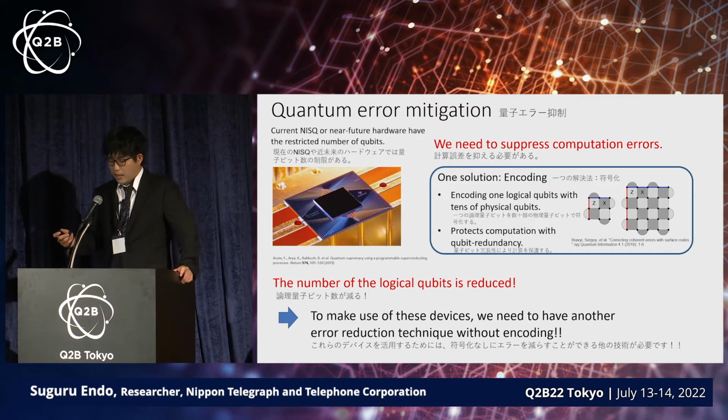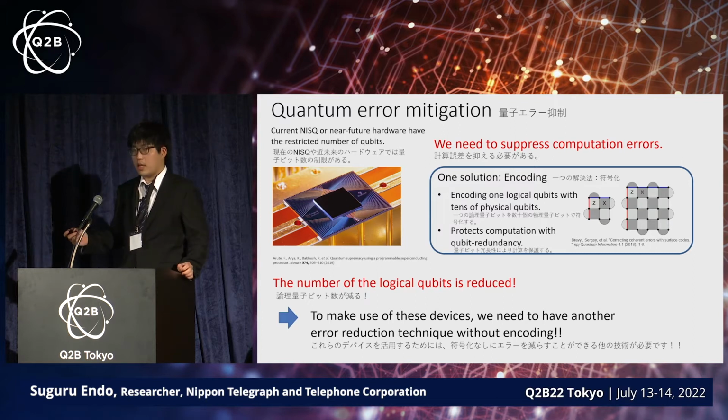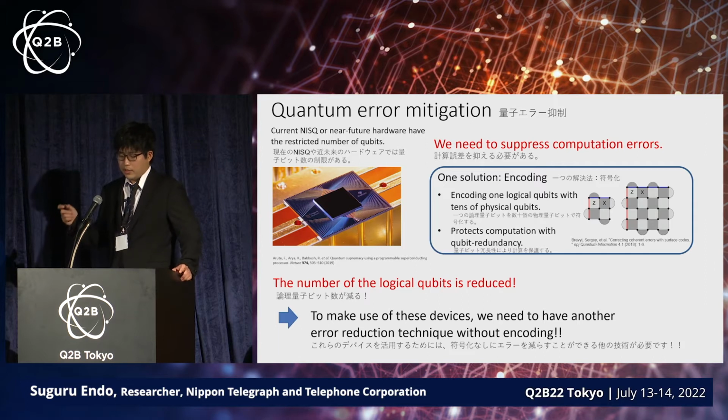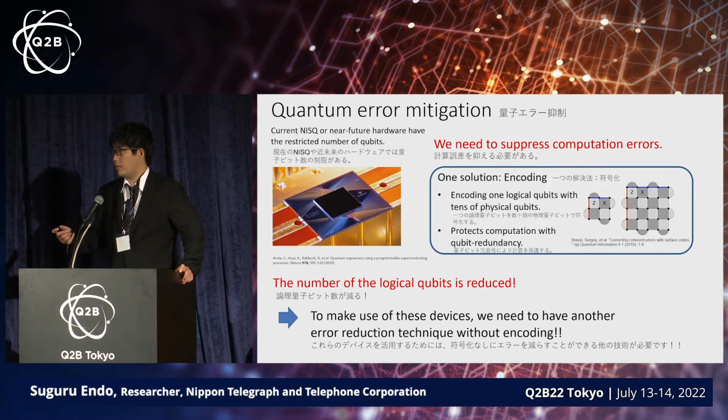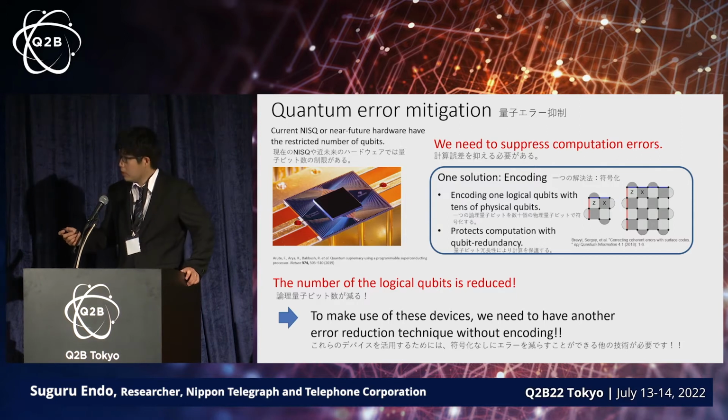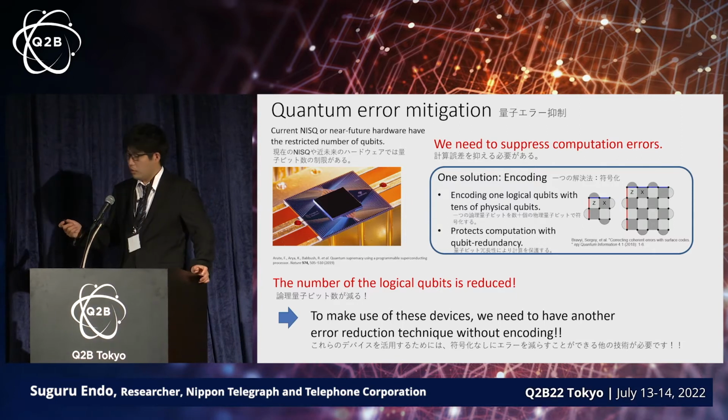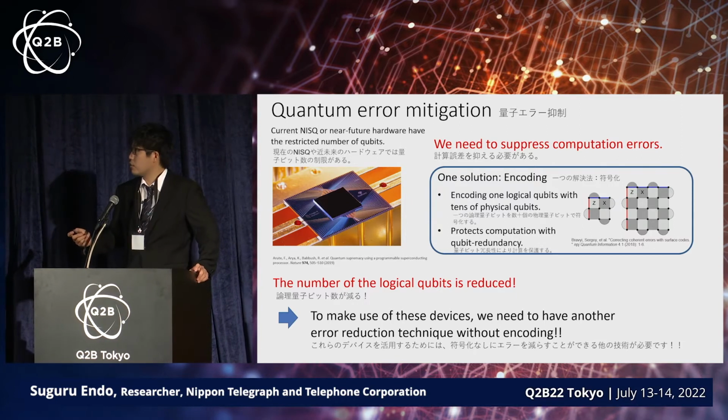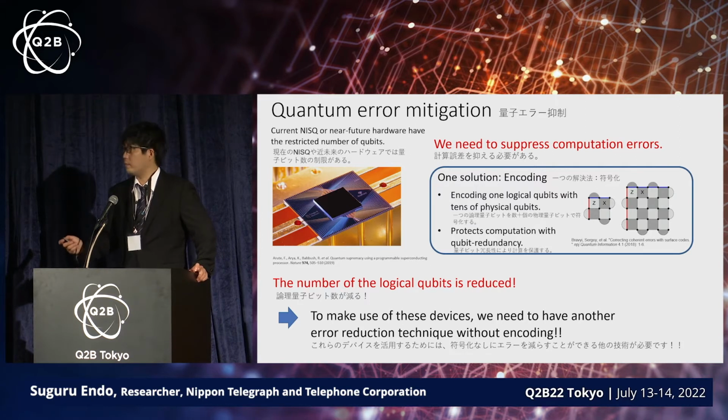But when we adopt this strategy, the number of logical qubits is significantly reduced, while the number of qubits in the NISQ era is strictly restricted. For example, the Sycamore device from Google has only 53 qubits, and the largest number of qubits is like 127 from IBM. So we need an alternative error suppression technique, and that is quantum error mitigation.